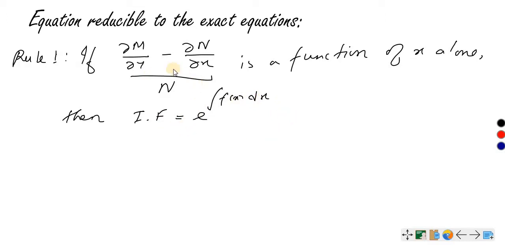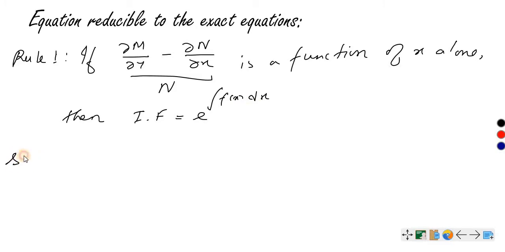So if we get this equal to some function of x alone, so f of x is a function of x alone, then the integrating factor I.F. is equal to e to the power integration of the function f of x dx.